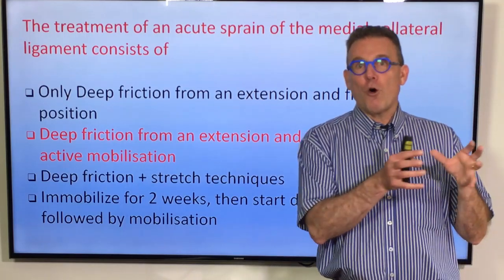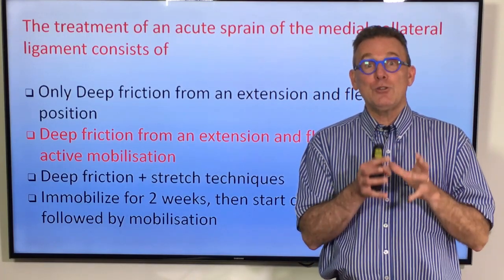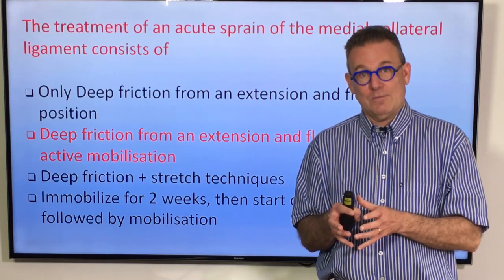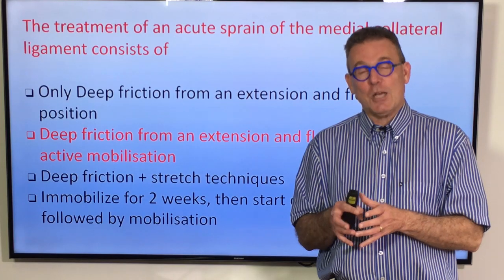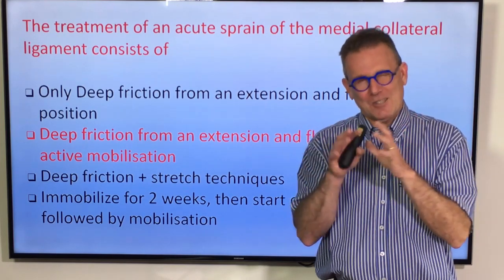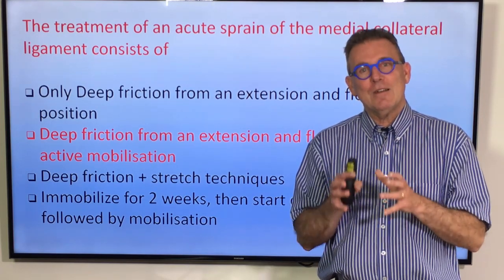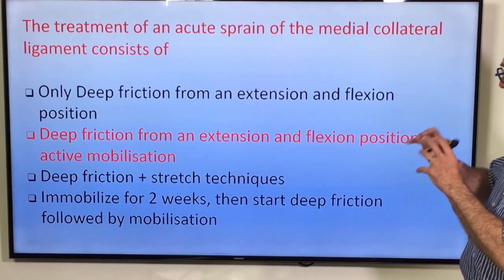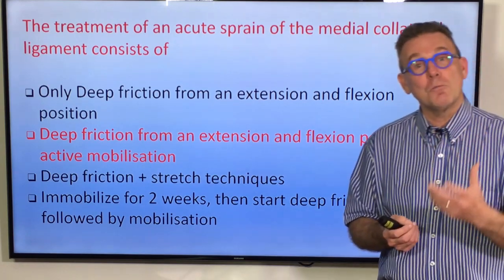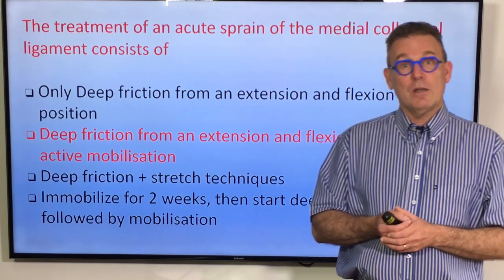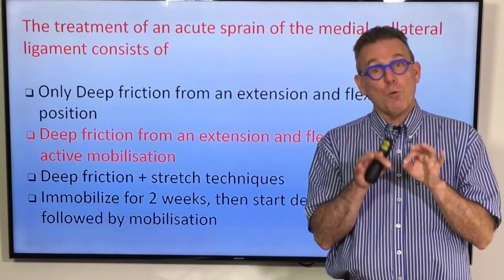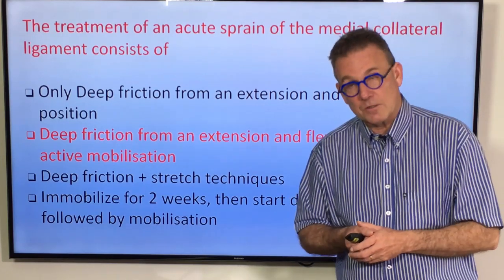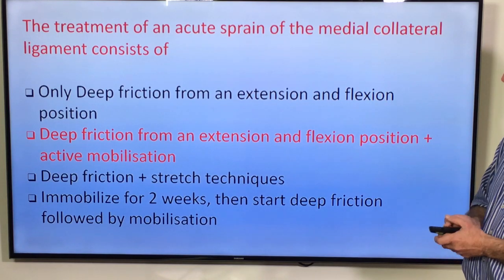Remember from other questions, in acute lesions you don't do longitudinal stretch, except for a tennis elbow type 2, but that's an exception. In general, you don't stretch too soon. So we're going to do deep friction from two different positions, and we're going to combine that with active mobilization. Very basic. From the moment when it's possible, when it's not too painful, you also do proprioceptive exercise. Of course.